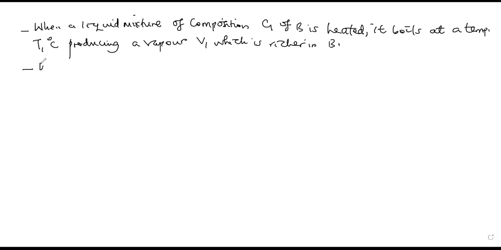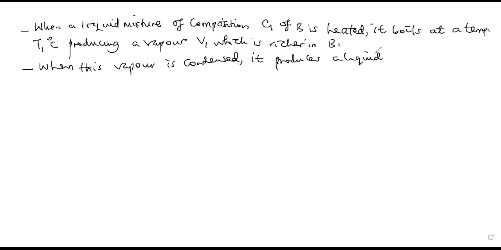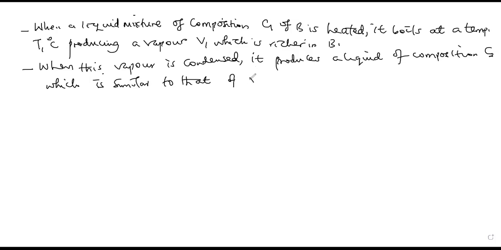Second step, when this vapor is condensed, it produces a liquid of composition C2, which is similar to that of vapor V1.